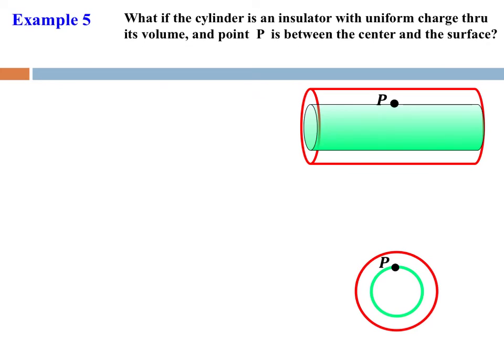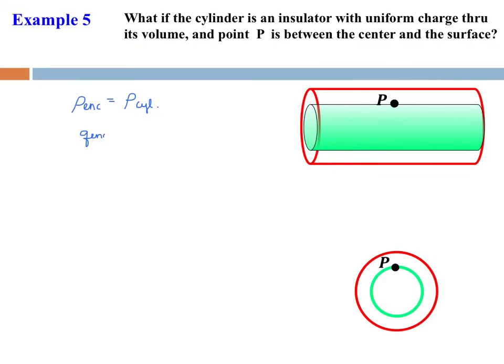Again, in this problem, it says that the cylinder is an insulator with a uniform charge distributed through its volume. Now, that means we're going to have to compare our densities. So, the density enclosed by the Gaussian cylinder still equals the density of the actual cylinder.